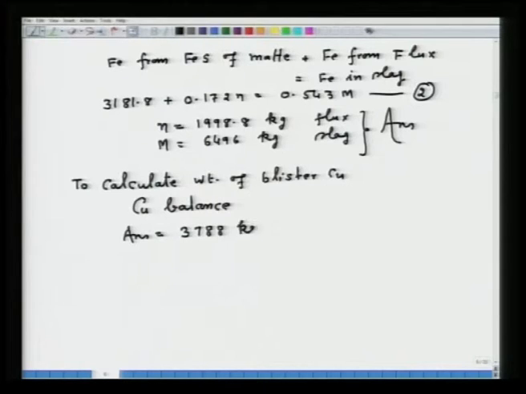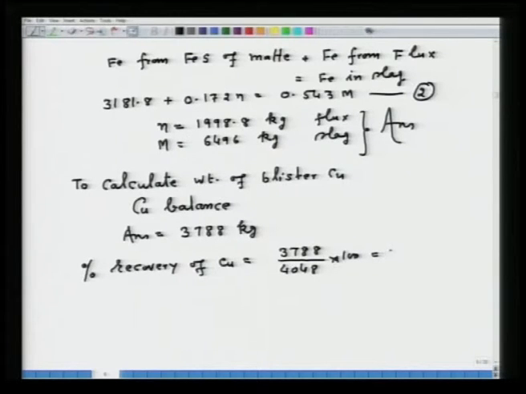I think you can do this copper balance because I have done it in several other problems. The percentage recovery of copper is equal to 3788 upon total copper in the system, 4048, into 100. So, that is equal to 94% copper recovery.